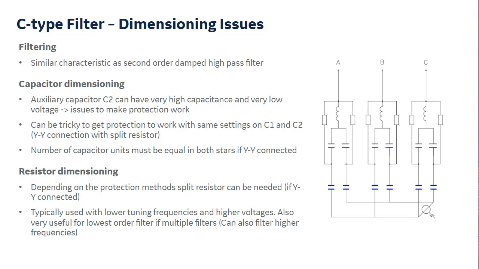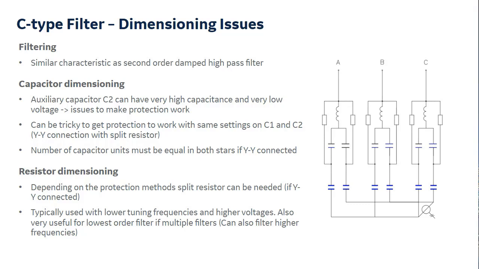It's very typical that we protect them like this, with only one CT for the unbalanced protection. And now it can be tricky to get the protection to work with this kind of solution. Typically we can make it work, calculate it, and say it's safe to use, but it can be tricky. It's just a dimensioning issue that has to be taken into account.